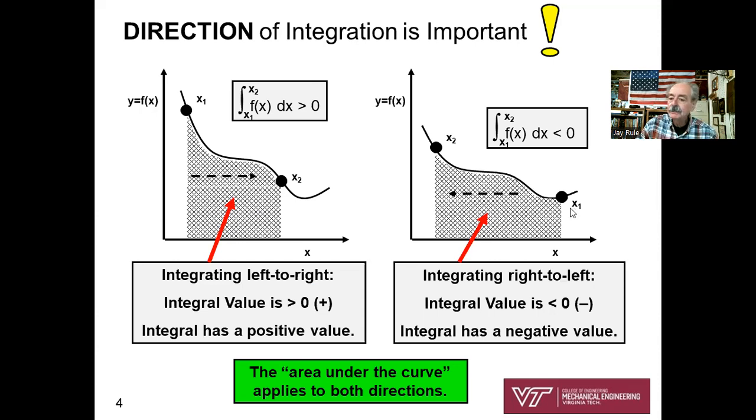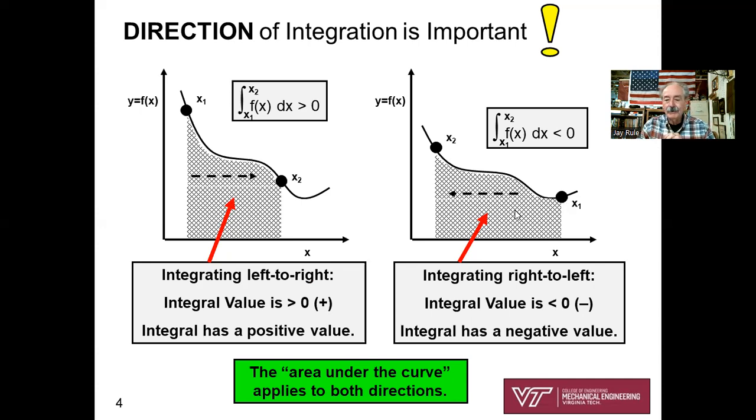Now let's look at the other situation, where x1 is bigger than x2. You're going from right to left. The same thing applies in terms of looking at the area under the curve, so I can visually see this area. However, the numerical result is going to be a negative number because you're integrating from right to left.